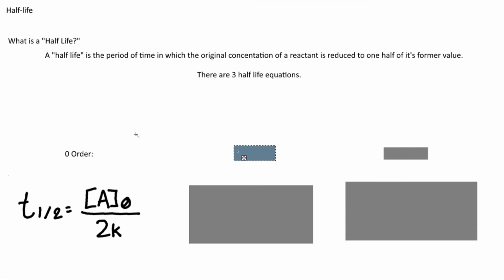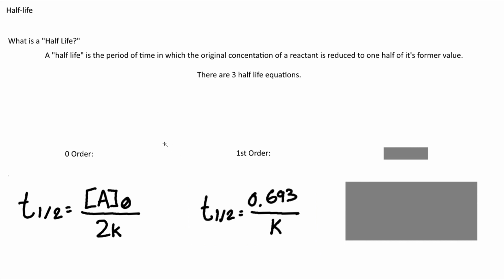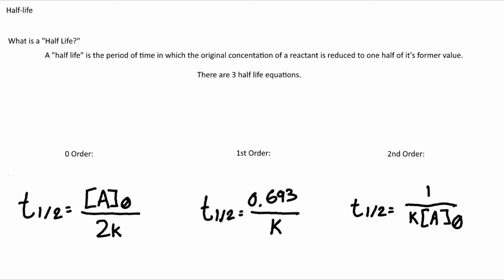The first order half-life equation is going to be 0.693, which is ln of 2, the natural logarithm of 2, divided by k, which is the first order rate constant. And the half-life equation for the second order is going to be 1 divided by k, which is the second order rate constant, times the initial concentration of the reactant.